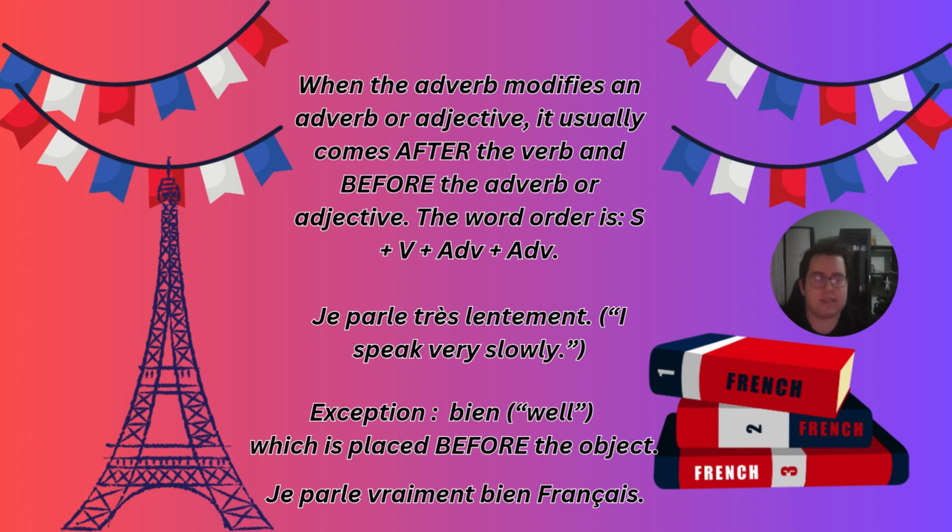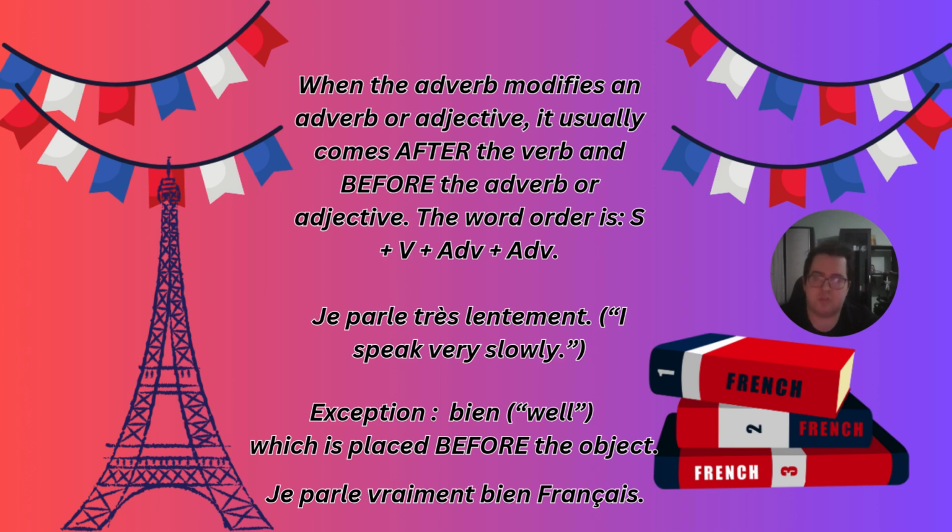Now if you want to do a first sentence, you can transform the first sentence to also have an object. I speak French very slowly. This is how you would see it in English. However, in French, the adverb part will come before the object.